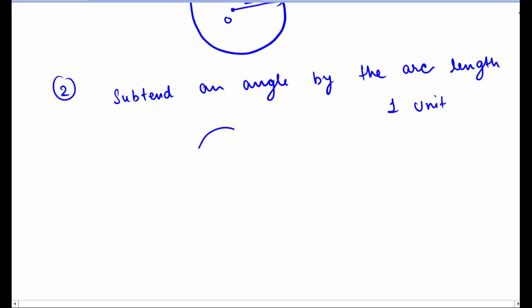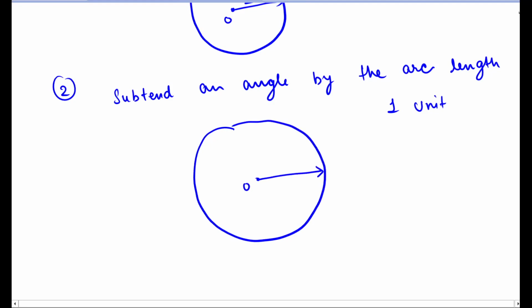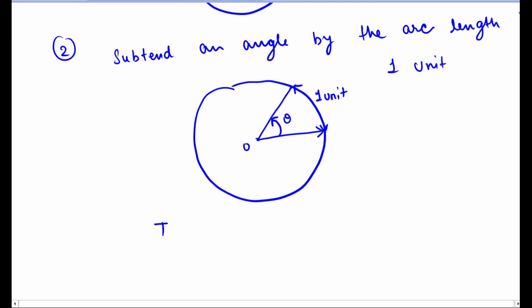So this is a circle of 1 unit radius with center O, and if we subtend an angle theta anticlockwise, so this length is 1 unit. This is called arc length. So this angle is called 1 radian.